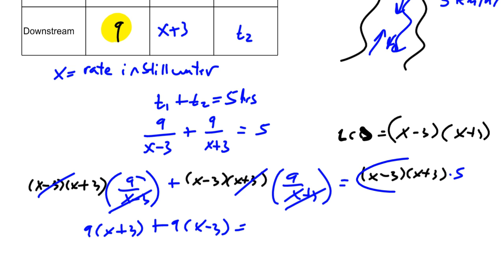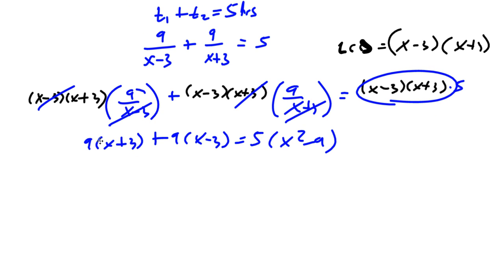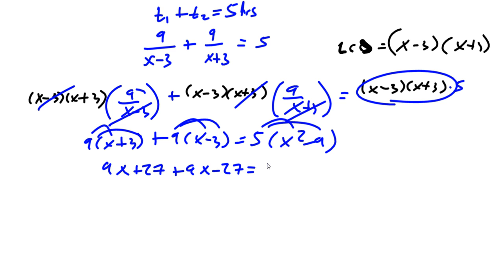I'm going to multiply this out now. On the right, 5 times x squared minus 9. Let's collect like terms. Multiplying through, 9x plus 27, and 9x minus 27, and on the right, 5x squared minus 45.